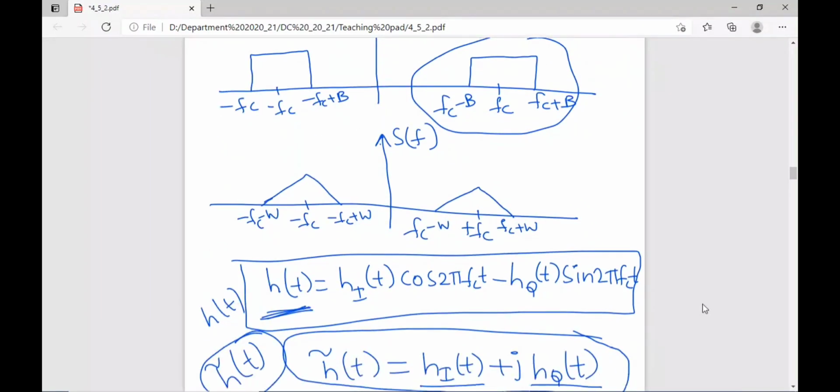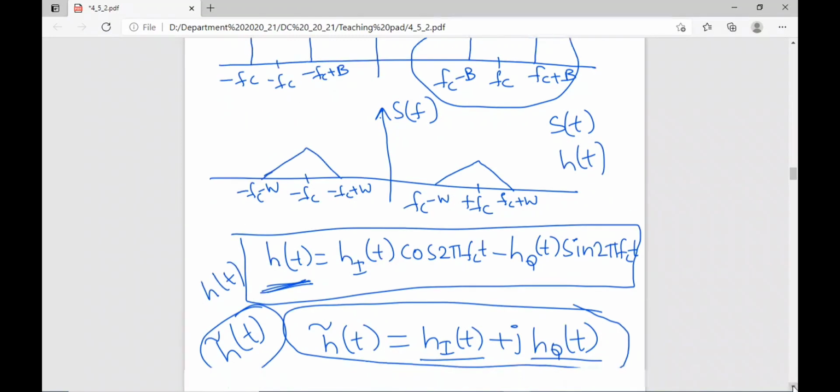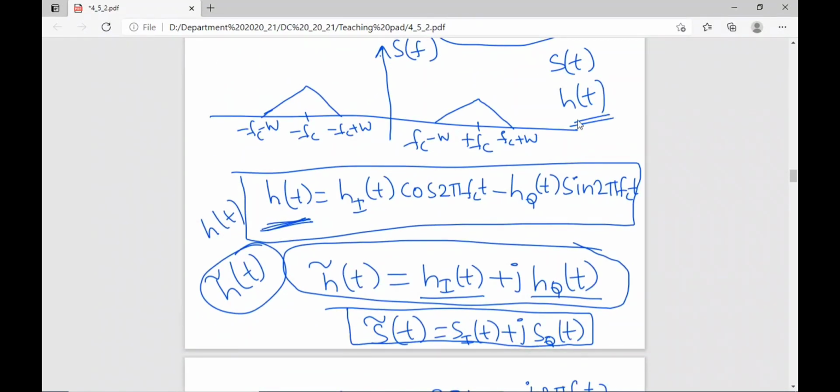To show that, I will take the analogy between the bandpass signal S of T and the bandpass system H of T. H of T is a bandpass system, so I can represent it in the canonical form. This is what I have represented.